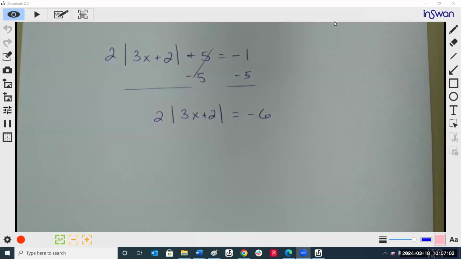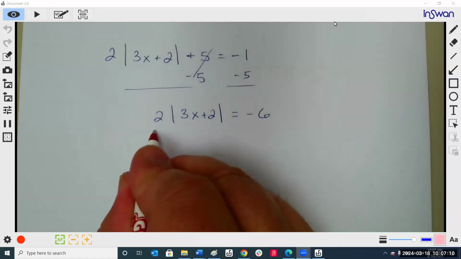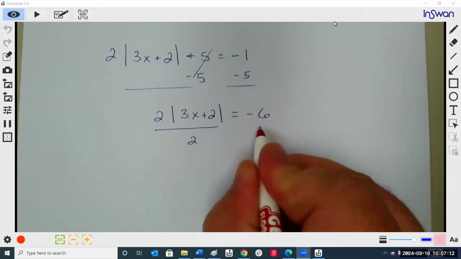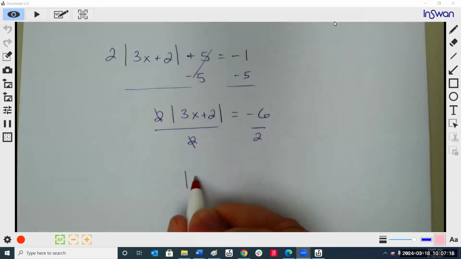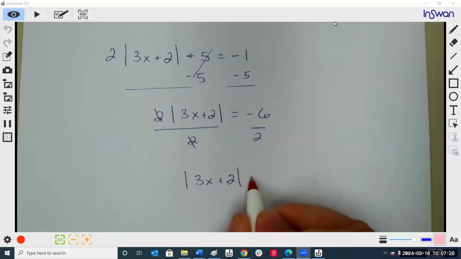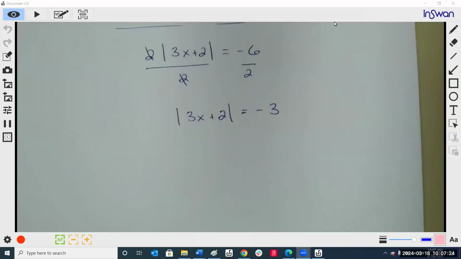Next step. We have to get the absolute value by itself. Next step. What? Nope.